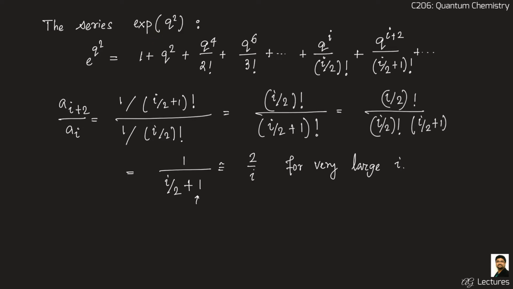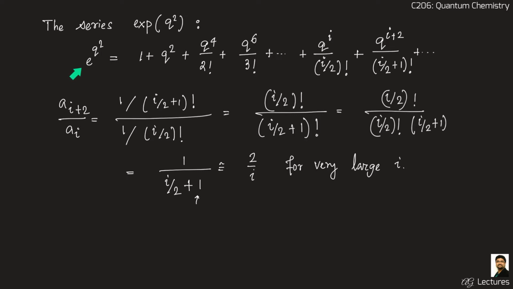I know that if you just take the first term or the first two terms, it is not e to the power q square. But if we take many terms, an infinite number of terms, then this series is going to be representing this function. We know this by now, correct?